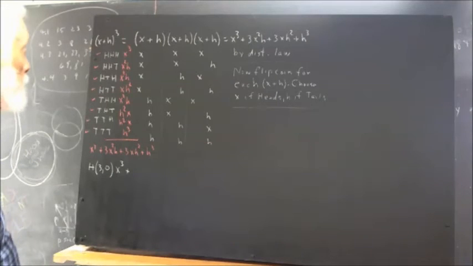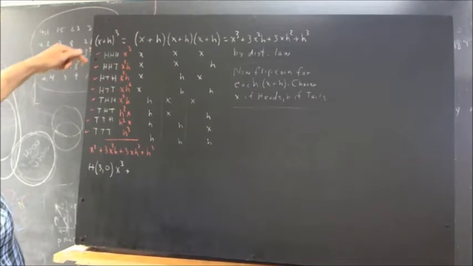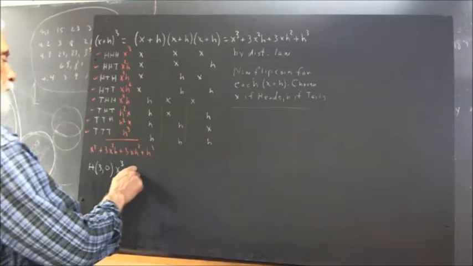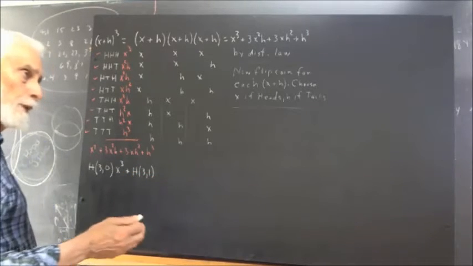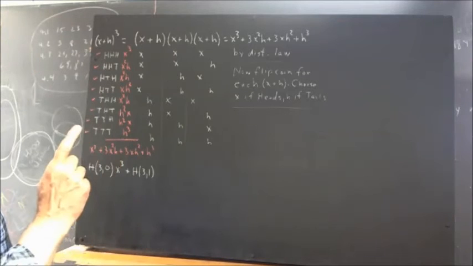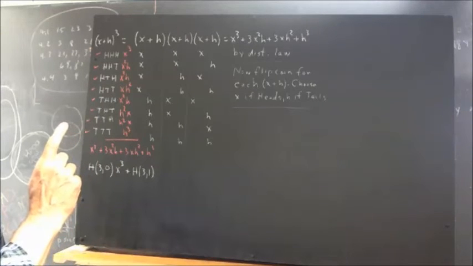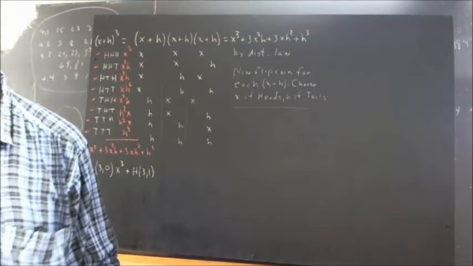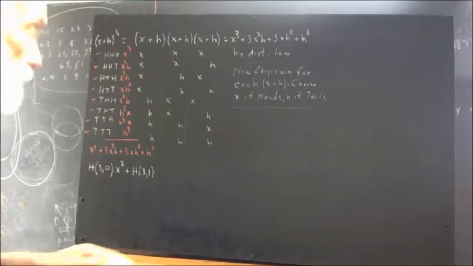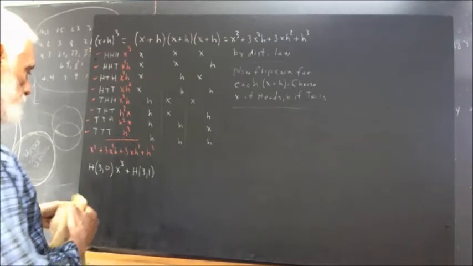And then h of 3, 1 is the number of ways to get exactly 1 head. And I said that wrong. If we get 0 heads, we're not getting x cubed. If we get 0 heads, we would get this term, which would be h cubed.